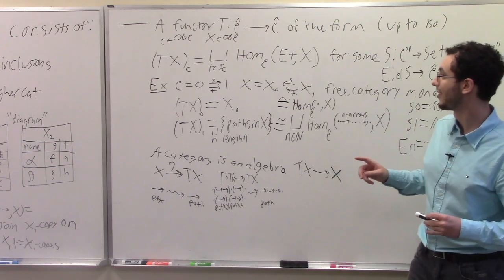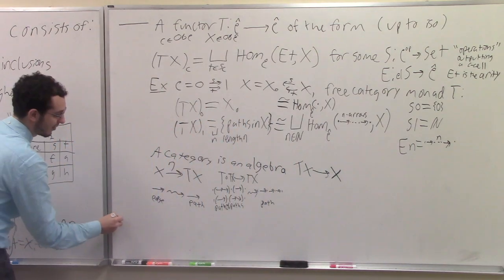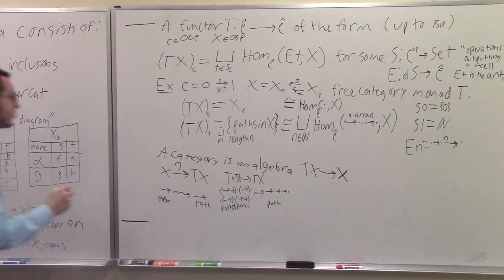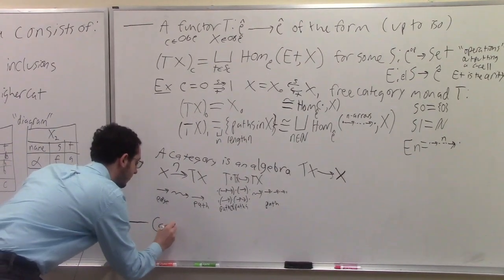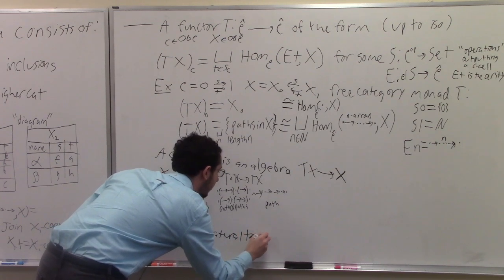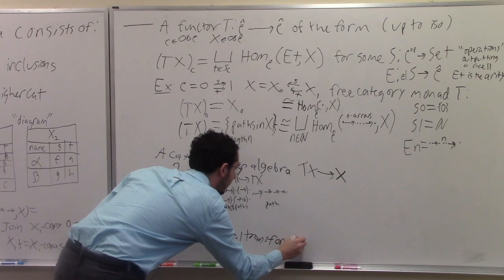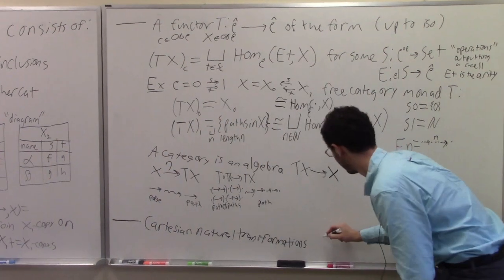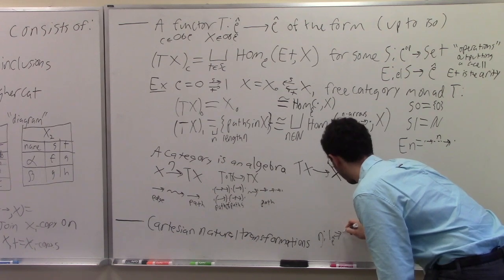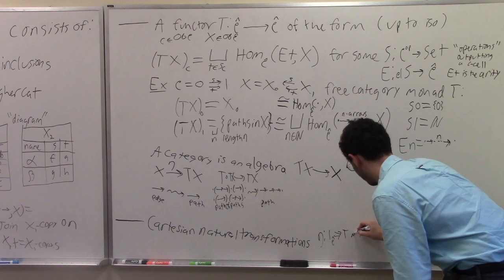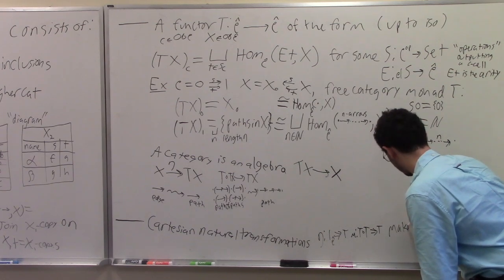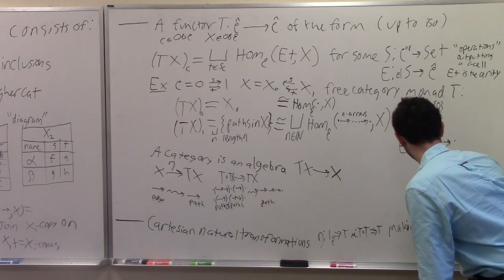And so, going back out to this definition of a higher category schema that I still haven't completed, we also need Cartesian natural transformations of the form from the identity to T and mu from T composed with T to T, which make T a monad.